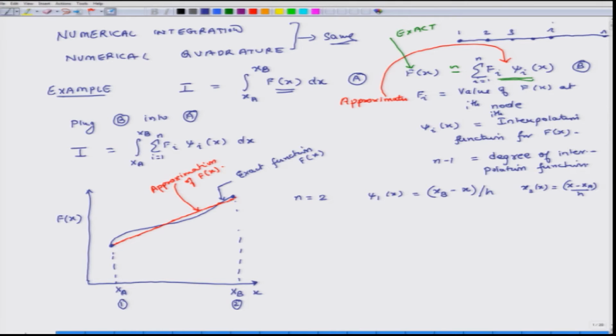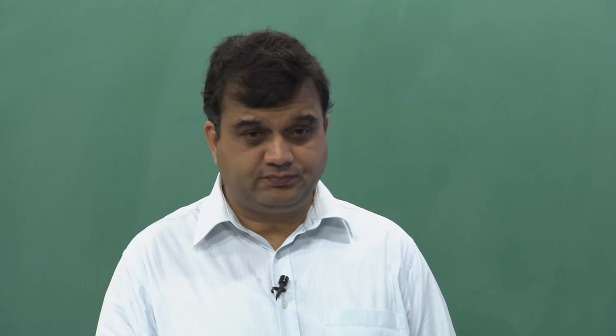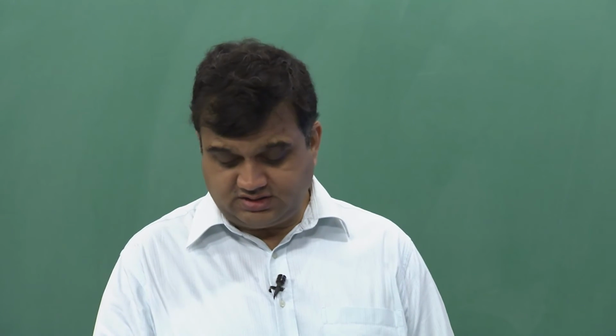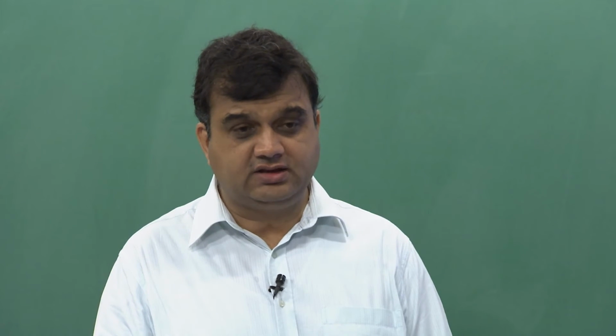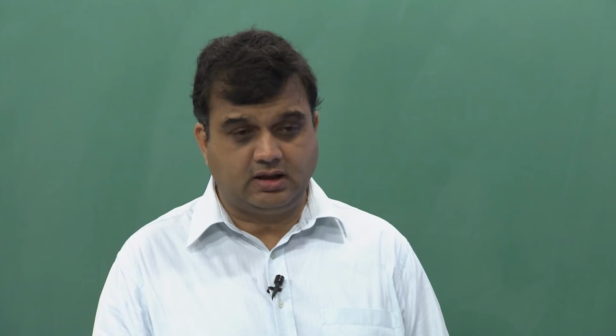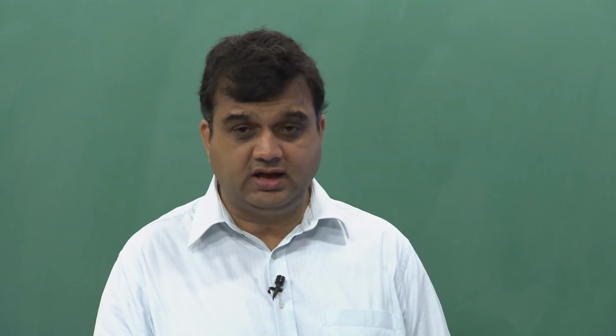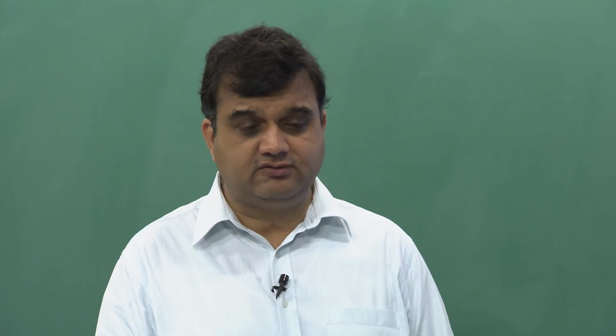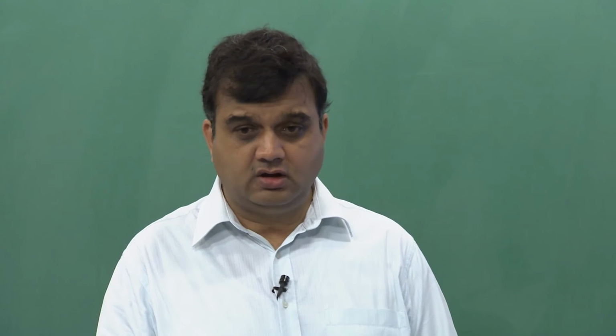A very unique characteristic of these approximation functions is that they have three important characteristics. The maximum value is 1. The second important characteristic is that if there is an approximation function associated with the ith node, then its value will be 1 at the ith node and it will be 0 at all other nodes.